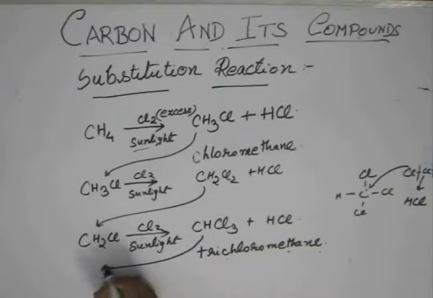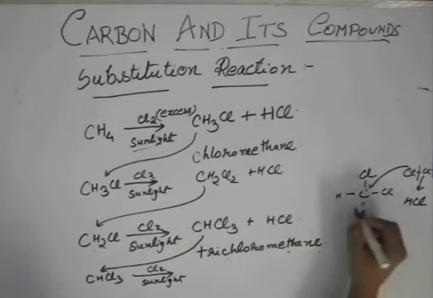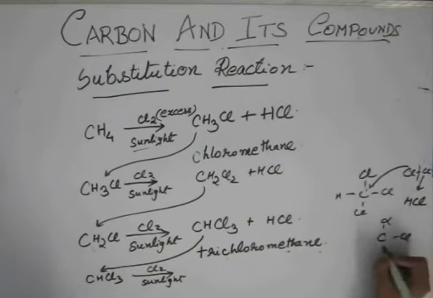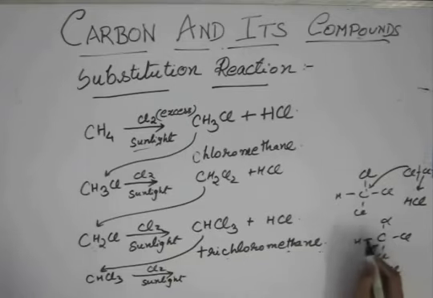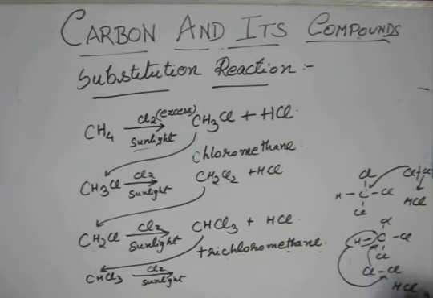So again this becomes the reactant. And what will this form? This chlorine will replace this hydrogen again, and this HCl will come out. So basically it forms CCl4 plus HCl.